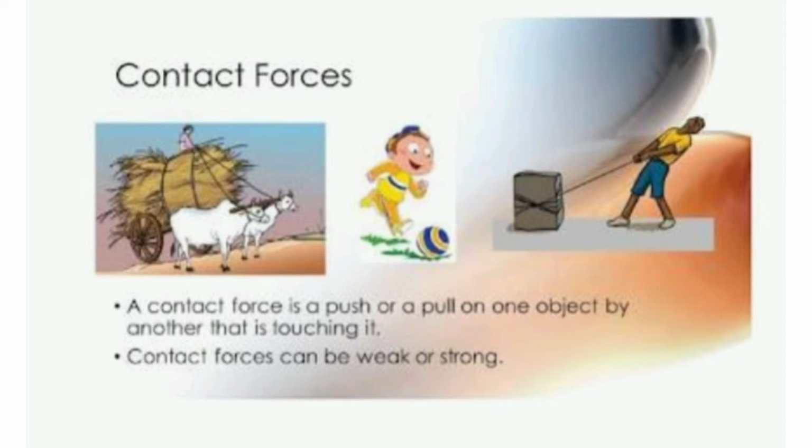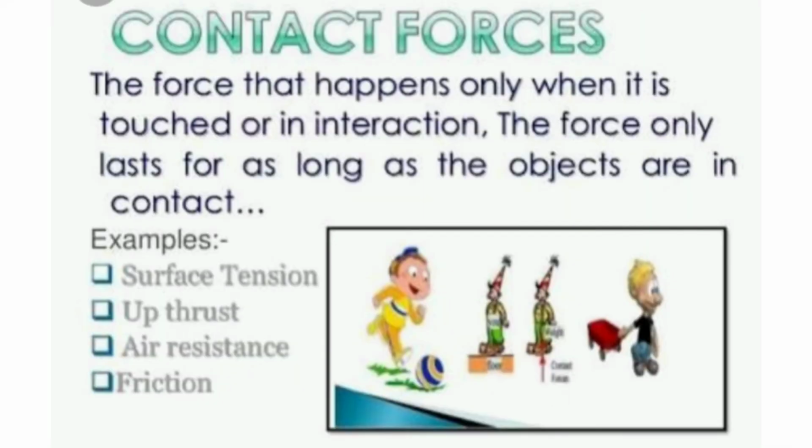It may be of pull type or push type. The force happens only when there is touch or interaction, and it only lasts for as long as the objects are in contact.